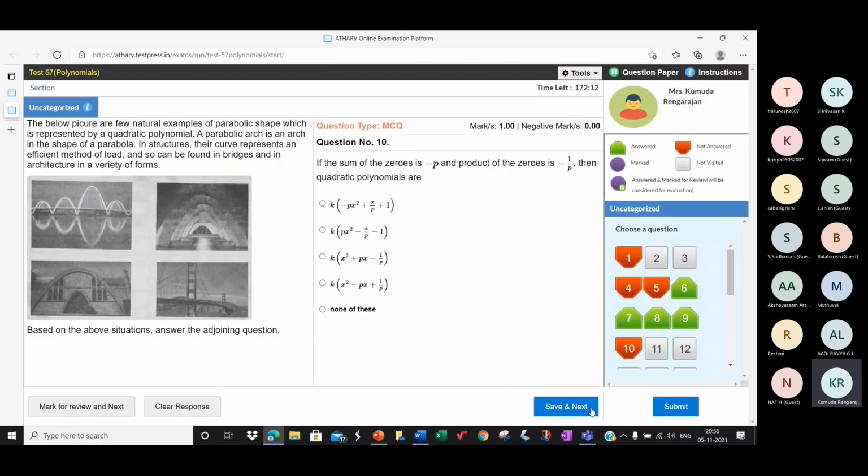So how do you frame the quadratic polynomial, children? What is the rule to frame the polynomial? X squared minus alpha plus beta, x plus alpha beta. Correct. So x squared minus alpha plus beta of x plus alpha beta, that is minus p, minus 1 by p, because minus p into minus 1 by p is plus 1.